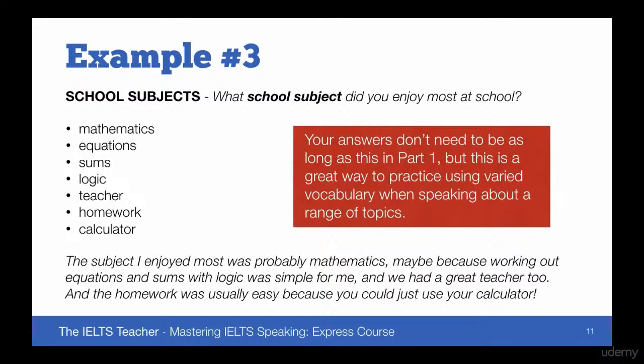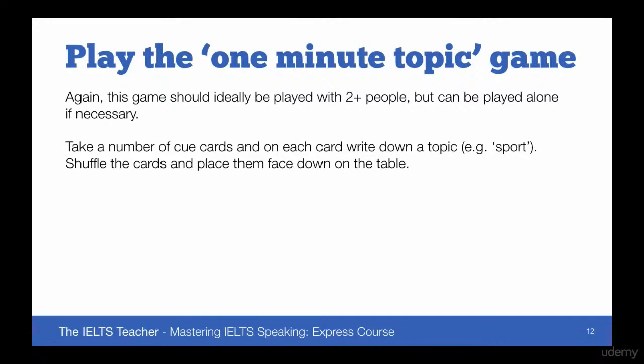Played alone if necessary. You need a little bit of preparation here. So what you do is you take a number of cue cards, and on each of the cue cards you write down a topic. For example, sport, or family, or summer. You shuffle those cards... timer.